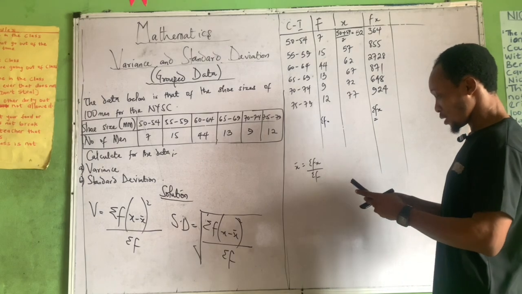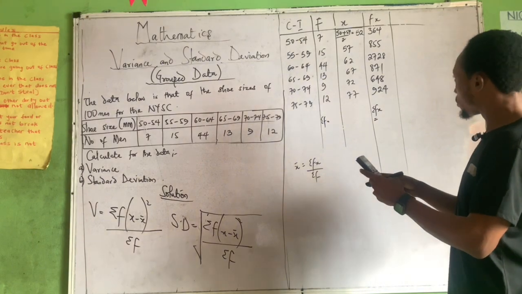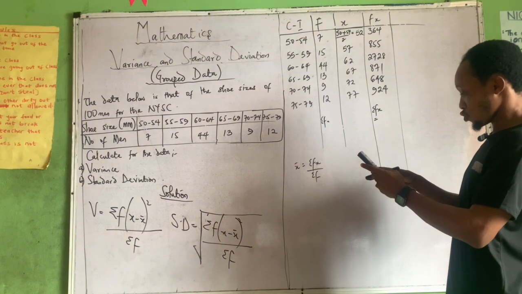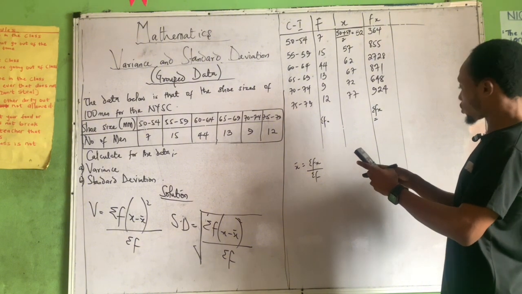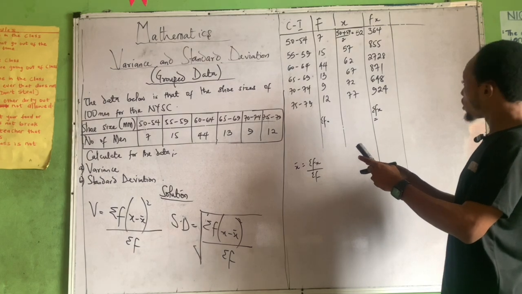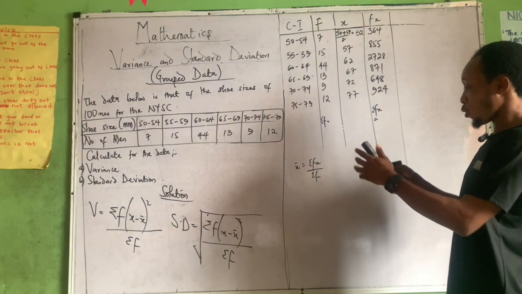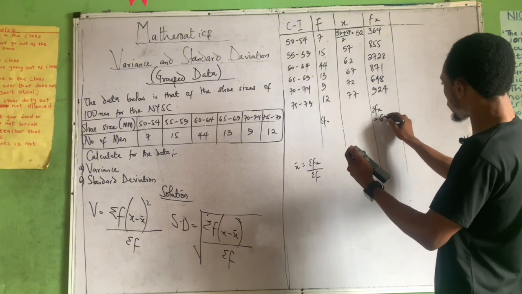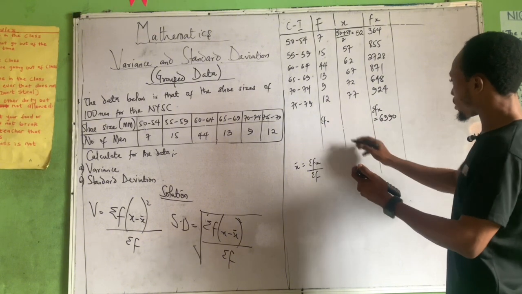So I need to find my summation fx, then summation f to get my mean. So I have 364 plus 855 plus 2728 plus 871 plus 648 plus 924. Everything is 6,390.